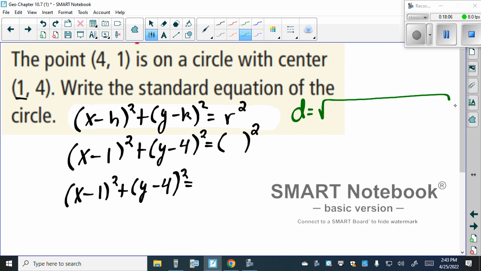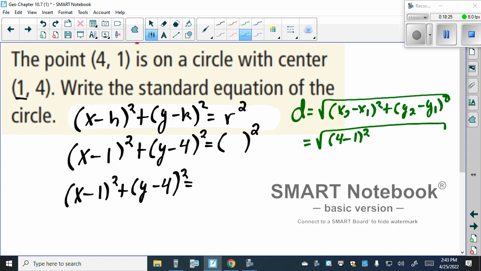Now to find the radius, we're going to take the distance formula, x2 minus x1 squared plus y2 minus y1 squared. Now the two x values that we have are 1 and 4, so we can say 4 minus 1 if we want to keep the values positive, plus the two y values are 1 and 4.